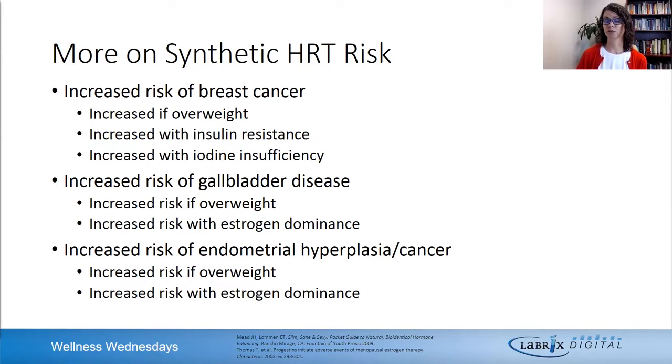They have an increased risk of gallbladder disease if they're on synthetic HRT. Again, an increased risk if they are overweight, and an increased risk with estrogen dominance. They also have an increased risk of endometrial hyperplasia and cancer. Again, worse overweight and worse with estrogen dominance.